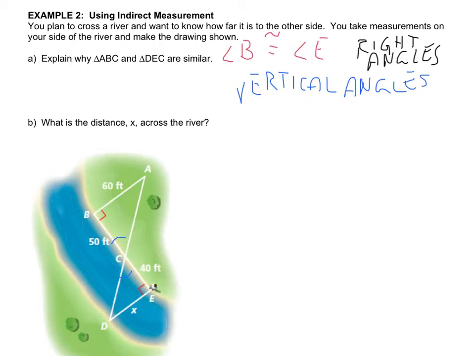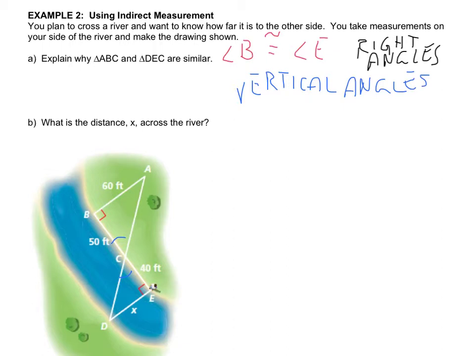So what are these two angles? Well, here's a case where we don't want to name our angles just angle C, because really there's four angles that go all the way around that vertex point, angle C. So here's a case where we have to use the three vertex method.